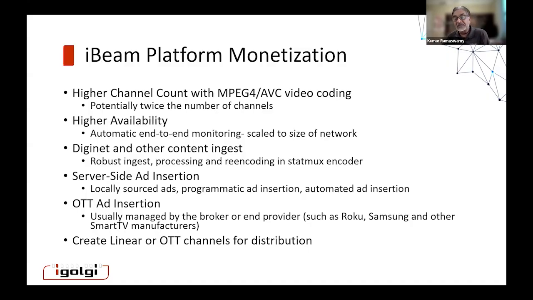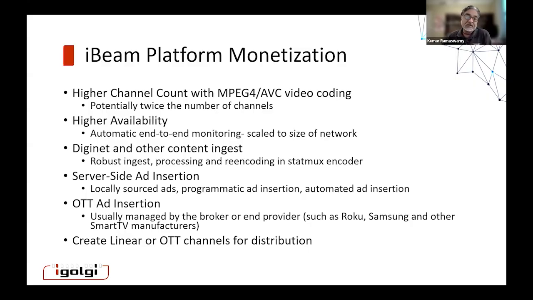If, for example, a broadcaster decides that they want to keep this free to air, they just have a way to distribute it to end providers. If they are publicly supported, then that can be free distribution as well, over the top of the programming. So the whole idea is that you can create linear or OTT channels for distribution using a platform of this type fairly easily and without adding a lot of cost to the gear.